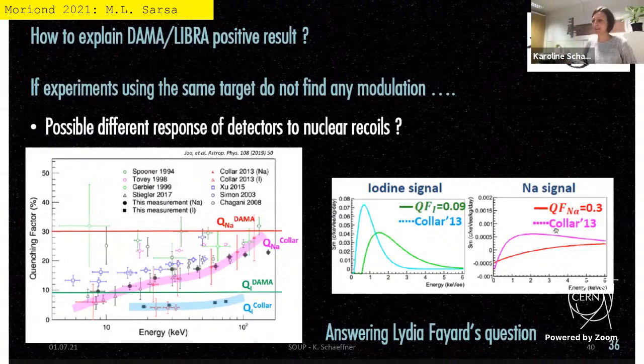This is also something I'm involved in myself. So in August we are doing a measurement at TUNL, which is a scattering facility, where we will test crystals which have different amounts of thallium dopant and check if the quenching factor varies depending on how much thallium you have.